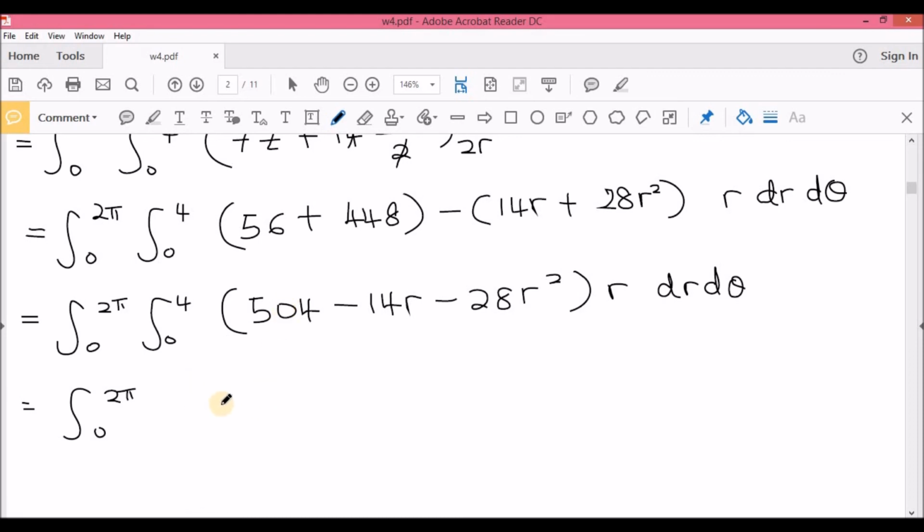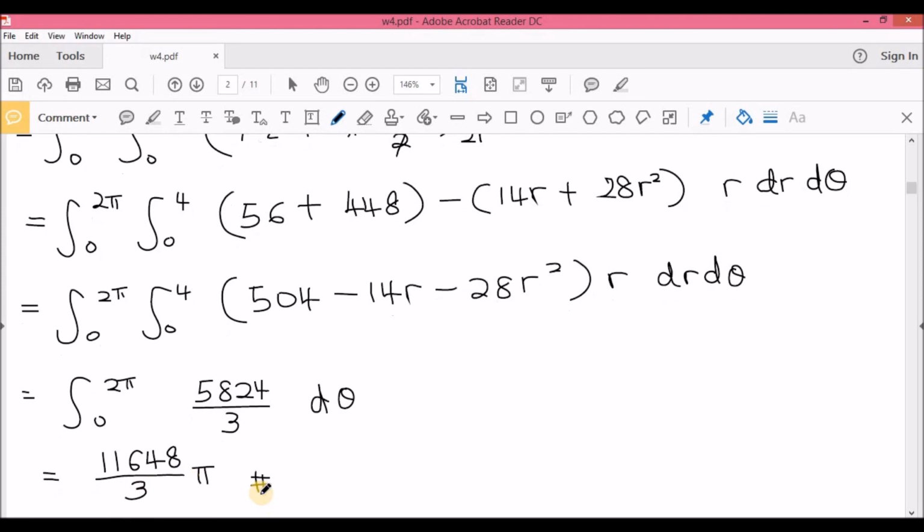The answer is 5824 over 3 d theta, and when you multiply by 2 pi, it becomes 11648 over 3 pi. This is your answer, same as the answer from the module. This is how you use the divergence theorem, or the Gauss theorem, to solve the surface integral of a vector field.